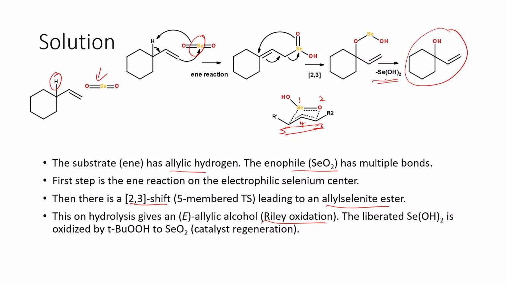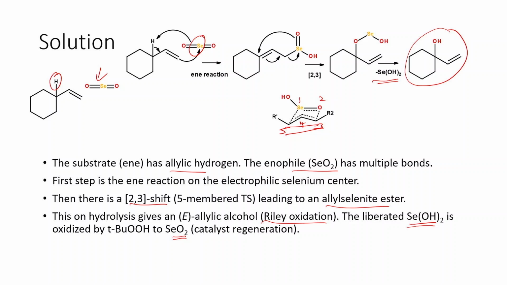Here the liberated selenium derivative is oxidized to selenium dioxide by the tertiary butyl hydroperoxide that is used. If tertiary butyl hydroperoxide is not used as a co-oxidant, in those cases selenium dioxide has to be used in one equivalent.